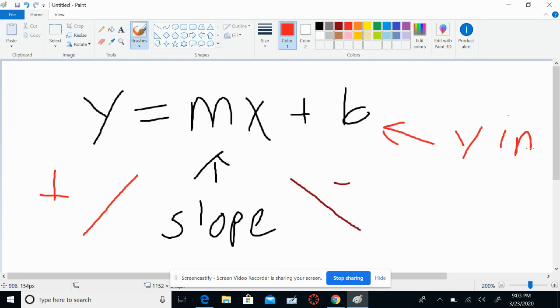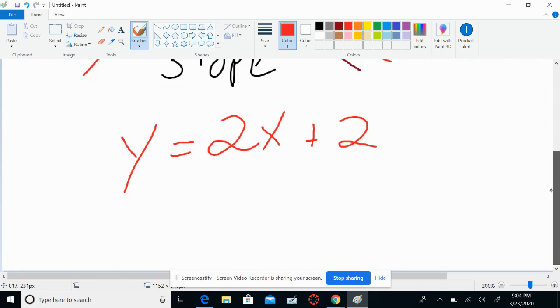That is where it crosses the y-axis. That is the value for when x is 0. So if x were 0 and y were 6 in an ordered pair, the y-intercept would be at 6 because the x value is 0. So the y-intercept is just where it crosses the y-axis.